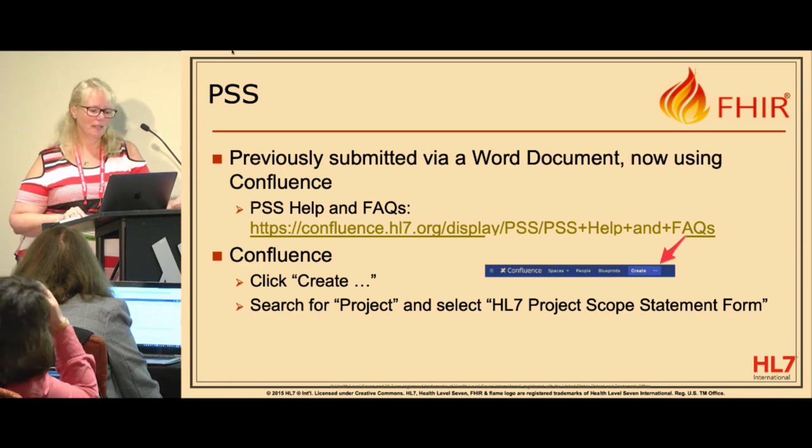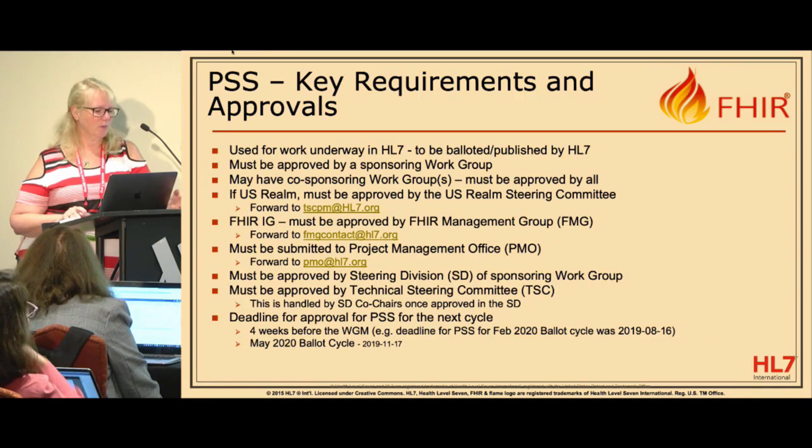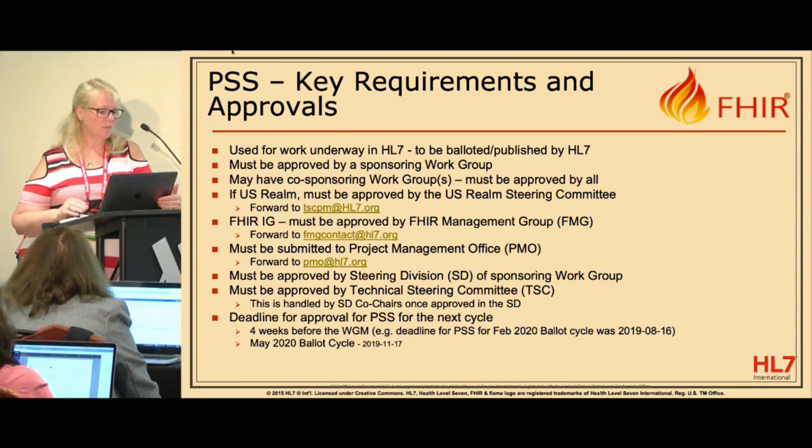I've got some other approvals around the PSS that have to happen. It does have to be approved by the sponsoring work group. There are other work groups who may be interested in the work, so there may be some co-sponsoring work groups who also have to approve your project scope statement, and you may be meeting with multiple work groups to get your project approved.